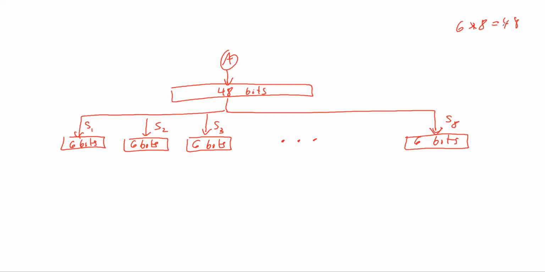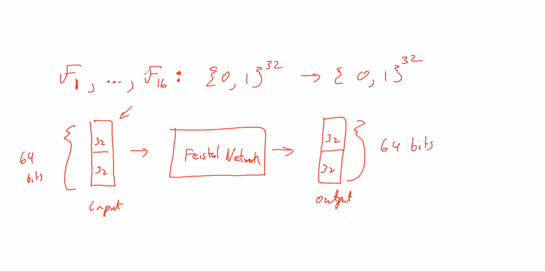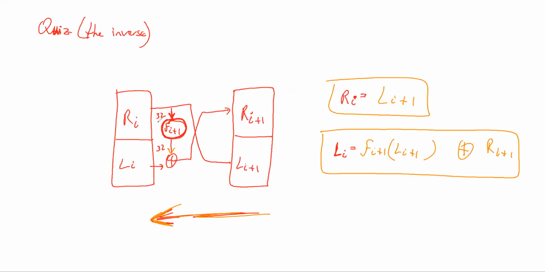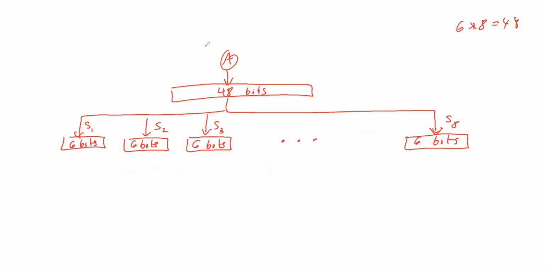Now the trick is that the original block, if you remember, was 32 bits, and by definition the function will map 32 bits to 32 bits. So we need to shrink that back to 32 bits, and we need some kind of trick to do that.